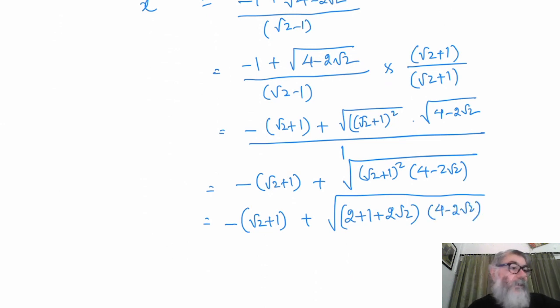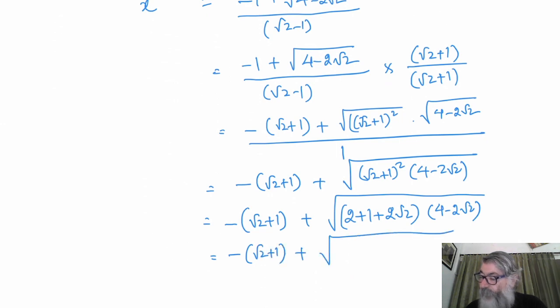So it will become minus root 2 plus 1 plus under root (3 plus 2 root 2) into (4 minus 2 root 2). Let us multiply them and leave the answer in that form.